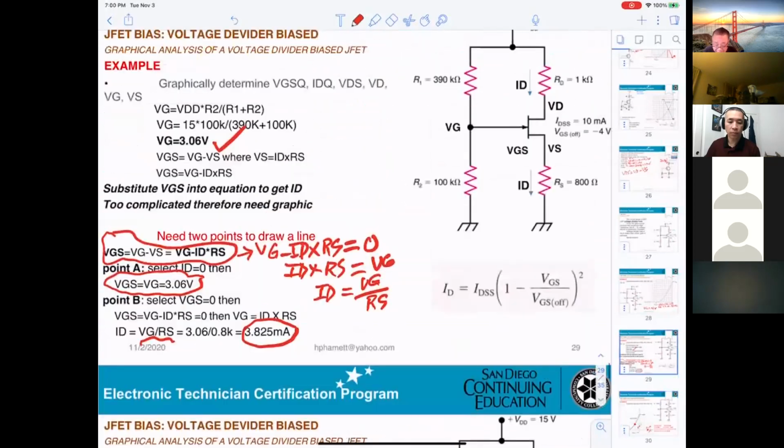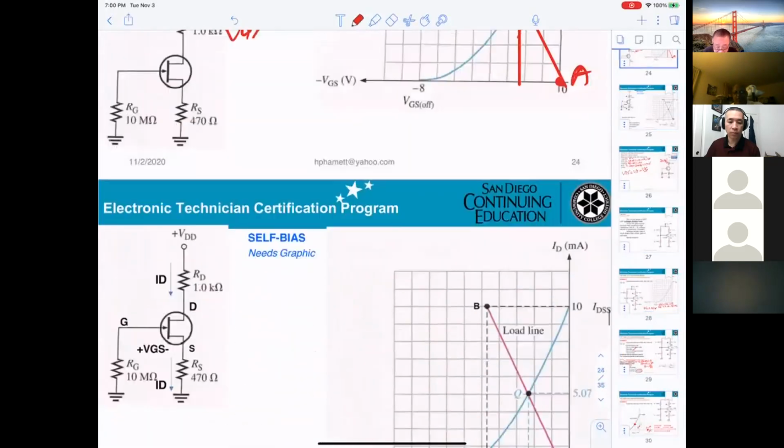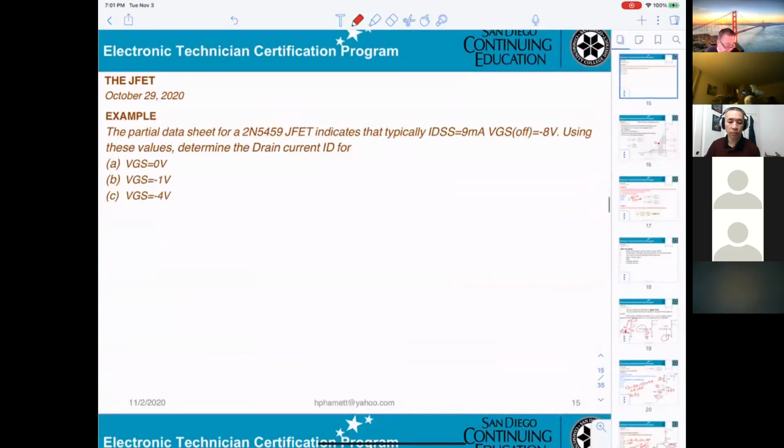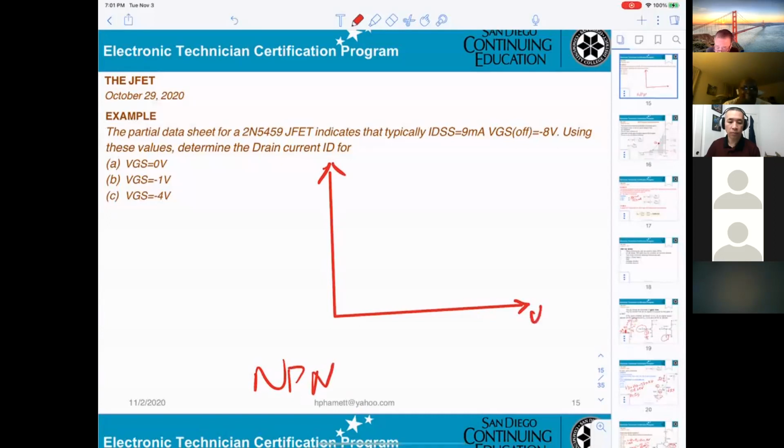Okay, by the way, let's see if I get any room in here. Now, for the NPN, that's what I'm talking about, NPN. So this stands for VCE. This stands for IC. Okay, now you can see the circuit.